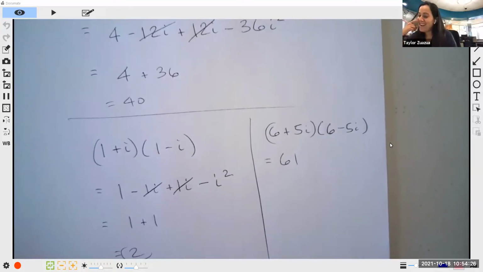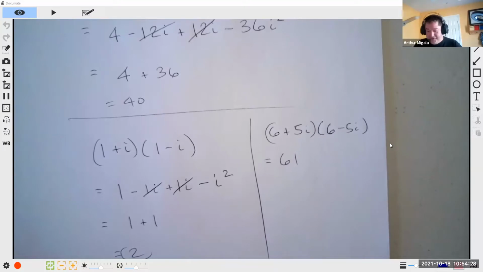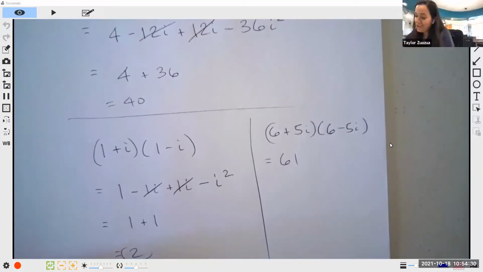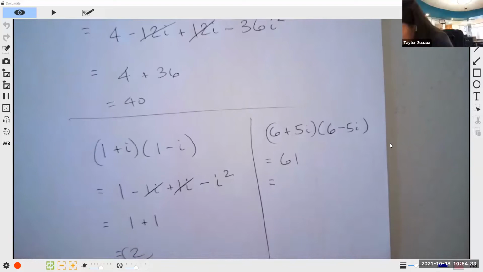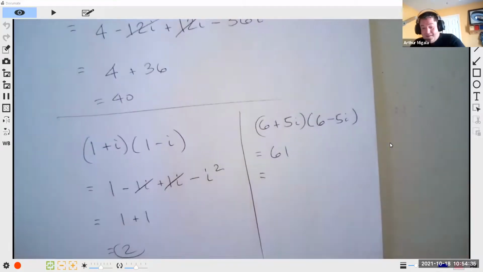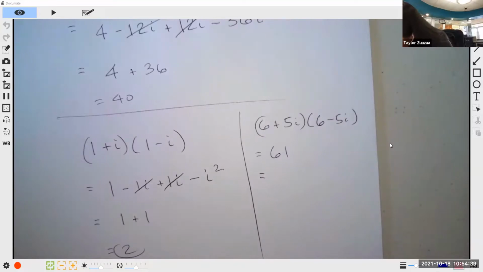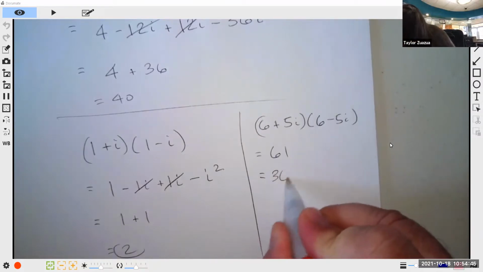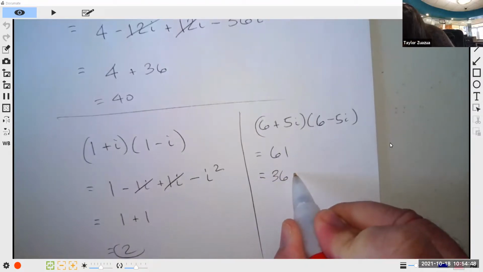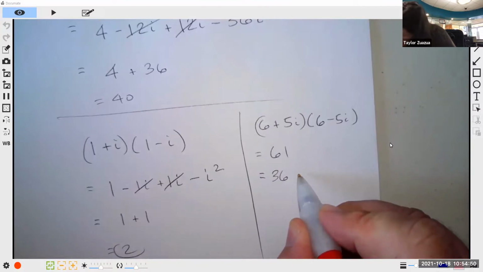How did you do that? Prove me wrong first. So I have to go through the whole steps, right? Yes. Okay, so 6 times 6 is 36. And then positive times a negative is minus 30i.